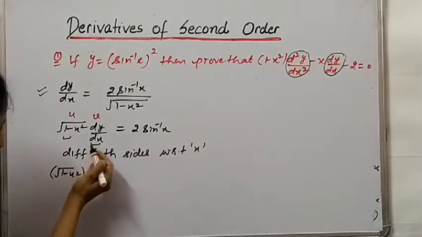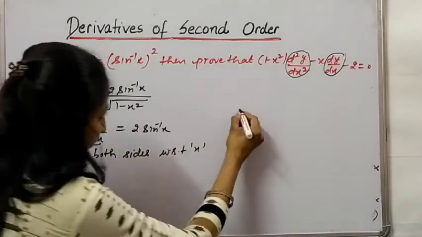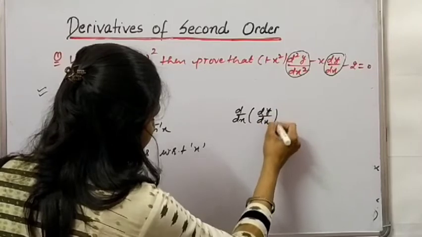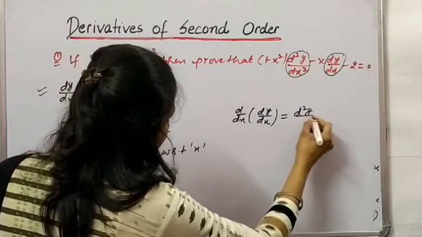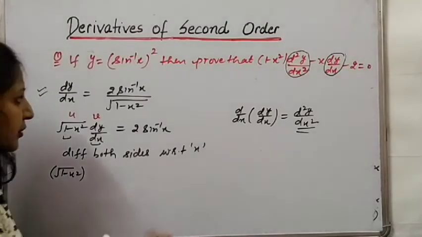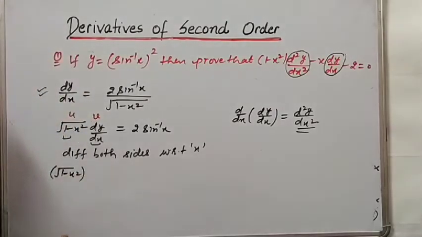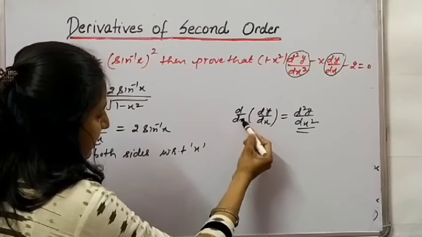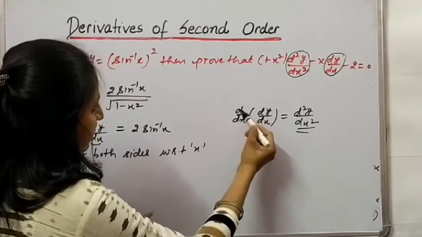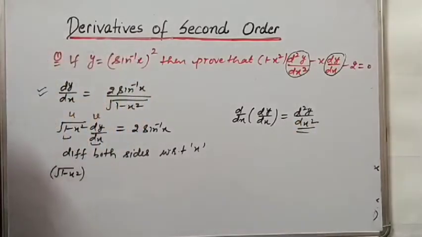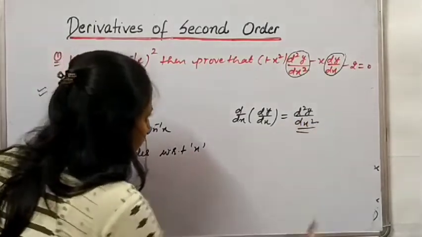Now the derivative of dy by dx with respect to x will be d2y upon dx square, that is the second order derivative. I discussed this just a few minutes ago: the derivative of dy by dx with respect to x is the second order derivative of y with respect to x, and we can write it as d2y upon dx square.